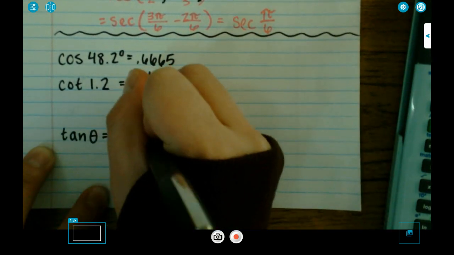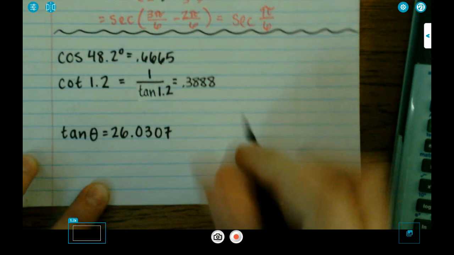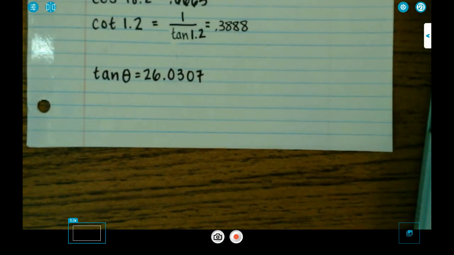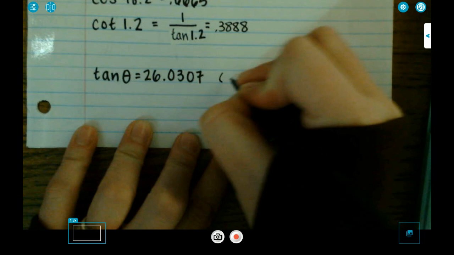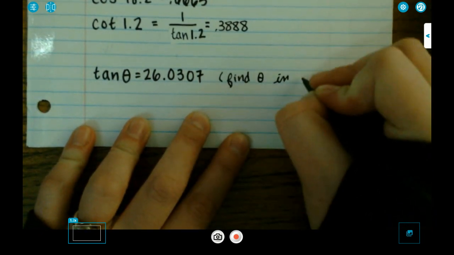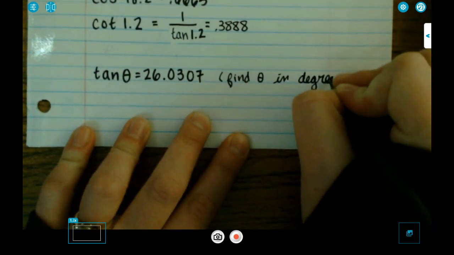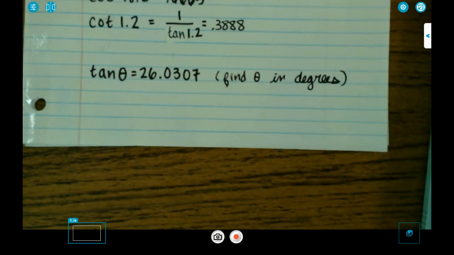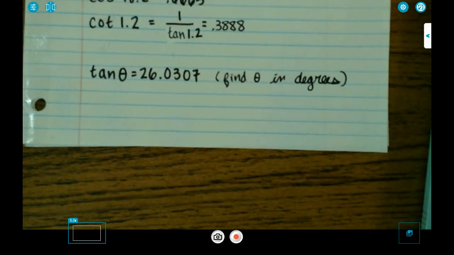The question you are being asked here is to find theta in degrees. On these, it's important that you read and see whether it wants you to find it in degrees or in radians, because you have to have your calculator in the right mode.